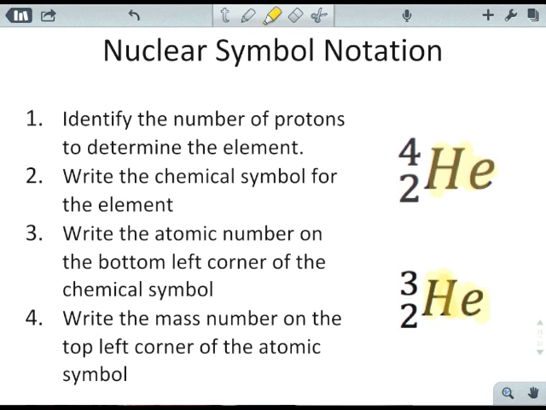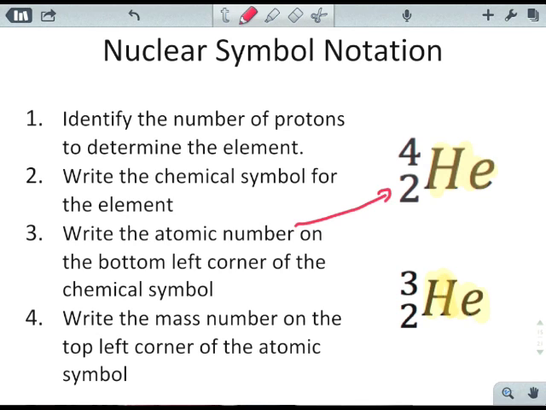The next step that we do is we write the atomic number on the bottom left corner of the chemical symbol. Remember, the atomic number is just the number of protons. So in this case, helium had 2 protons, so the atomic number is 2. Okay? And then lastly, we write the mass number on the top left corner of the atomic symbol.